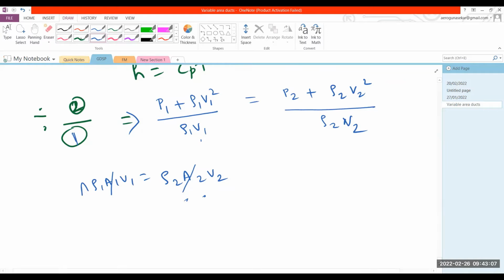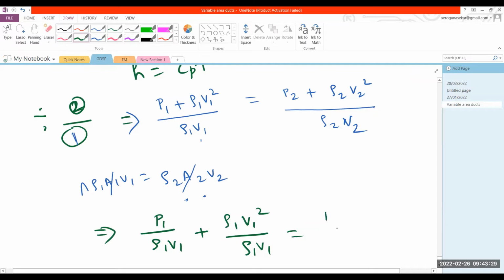So I can write this as P1 by rho 1 V1 plus rho 1 V1 square by rho 1 V1 equal to P2 by rho 2 V2 plus rho 2 V2 square by rho 2 V2.